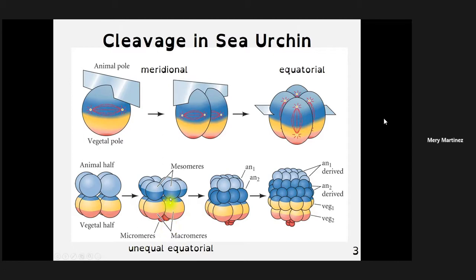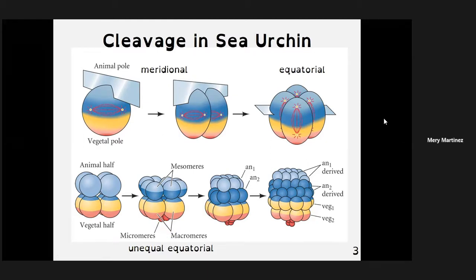So these ones are mesomeres, these are macromeres, and these are micromeres. Okay, so still this is 8, but these ones are 4 and 4.